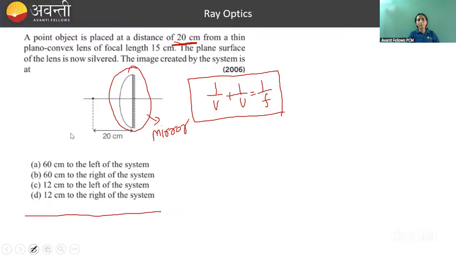Okay. And how will you find f? If you want to calculate here focal length, I had told you the focal length of mirror, that is minus 1/f, that is focal length of the system, is equal to 2/f lens minus 1/f mirror. Okay. Which mirror?